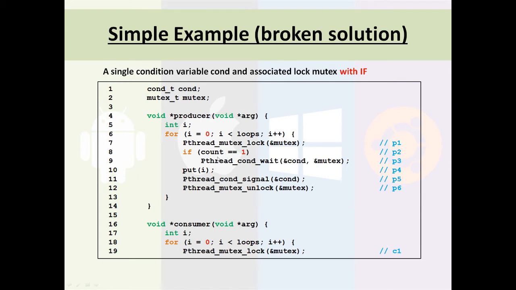So here we can see that we've updated our producer function by including our locks around the two regions that we consider the critical regions, as well as an if statement that checks, once again, if count is equal to 1. And the logic here between the producer and the consumer is that when a producer wants to fill the buffer, it waits for it to be empty, and that's in this P1 to P3 region. It's waiting for it to be empty.